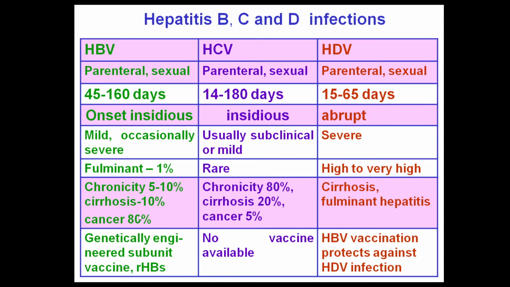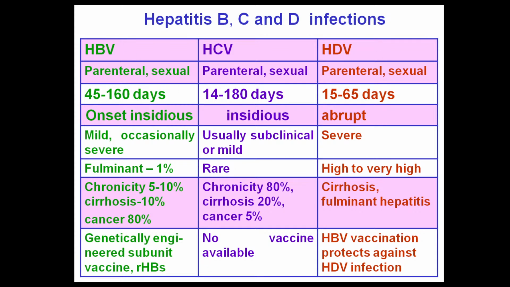So the important thing is that a very good vaccine is developed against hepatitis B virus, a genetically engineered subunit vaccine made up of recombinant hepatitis B surface protein or antigen. And the vaccine against hepatitis B also protects human beings from hepatitis D virus. Why? Because hepatitis D virus is a delta agent, it cannot cause infection alone or solo.